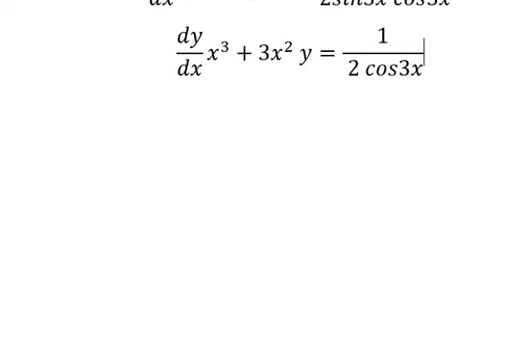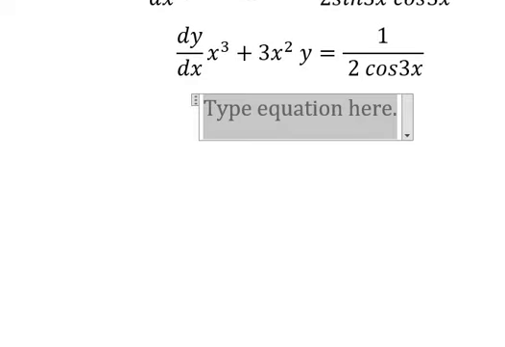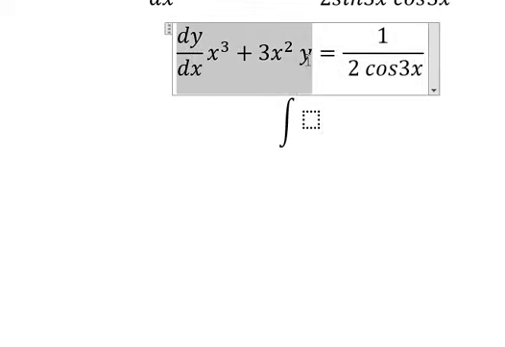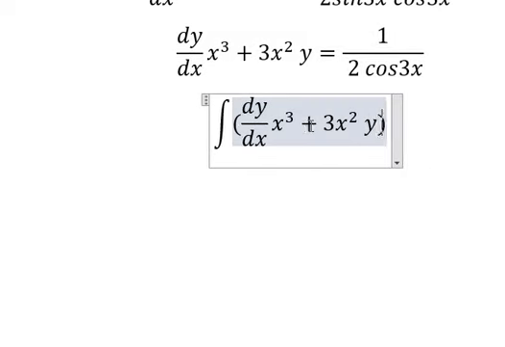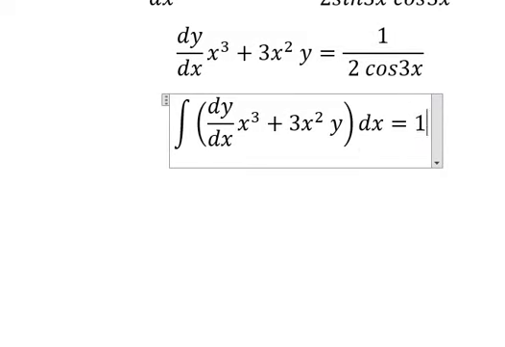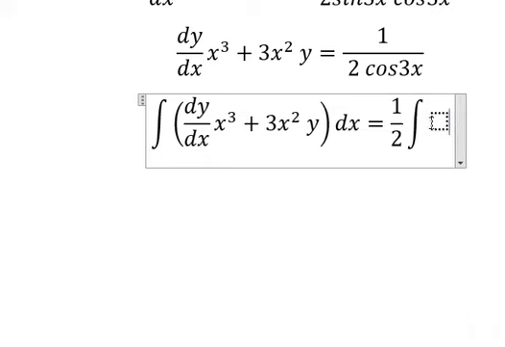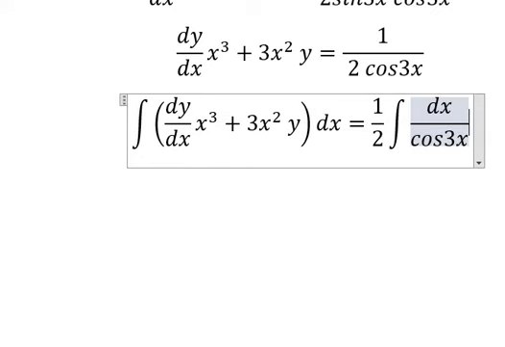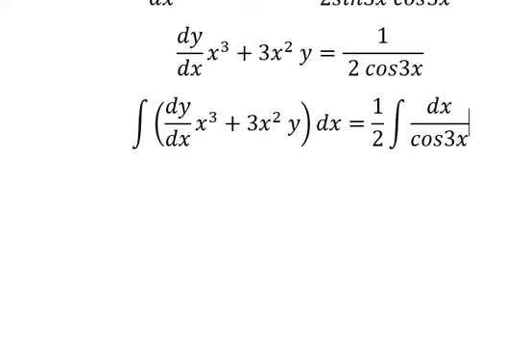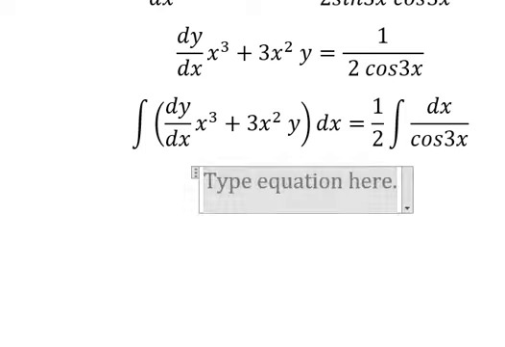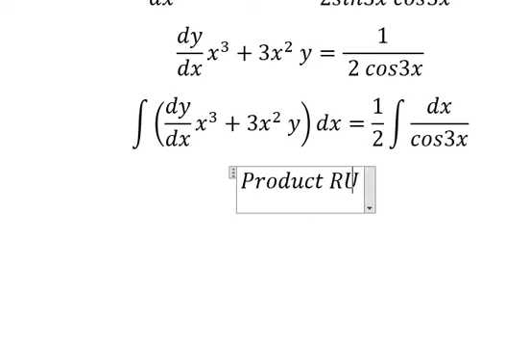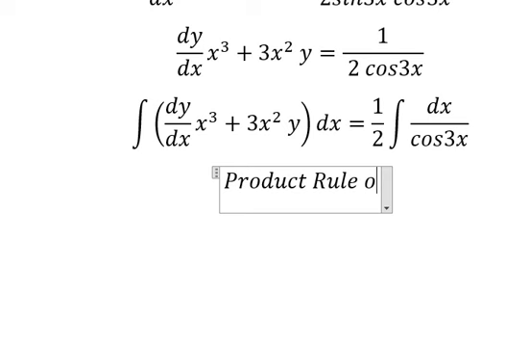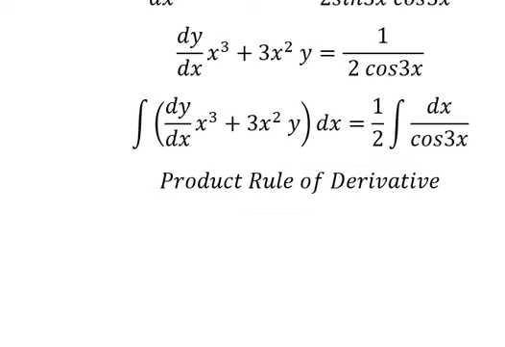Next, we can put the integration on both sides. Next, we can apply the product rule of the derivative.